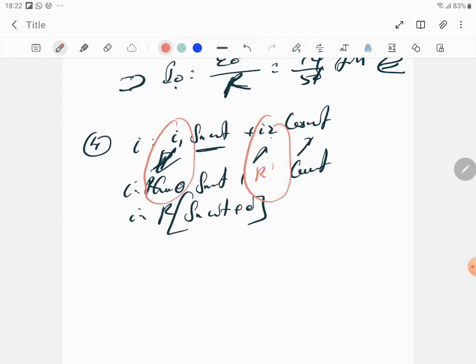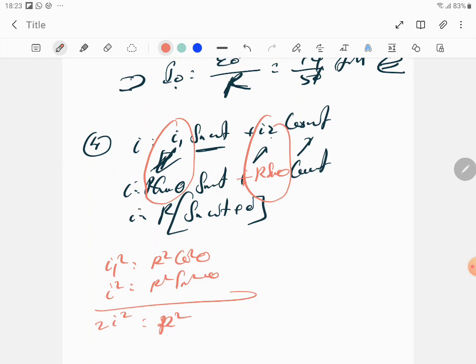This is r sin theta, correct? Take those and square them. So this is I1 square, which is r square cos square theta, and I2 square, which is r square sin square theta. First of all, this is I1 and this is I2, I can't add it like this.